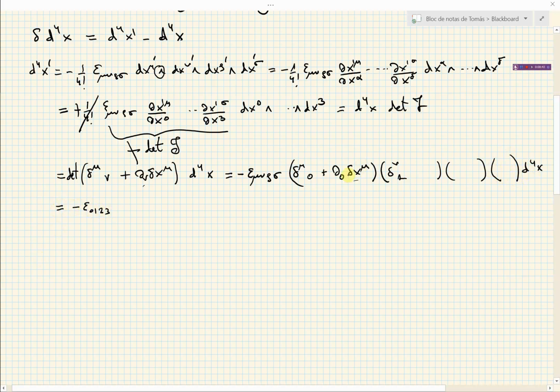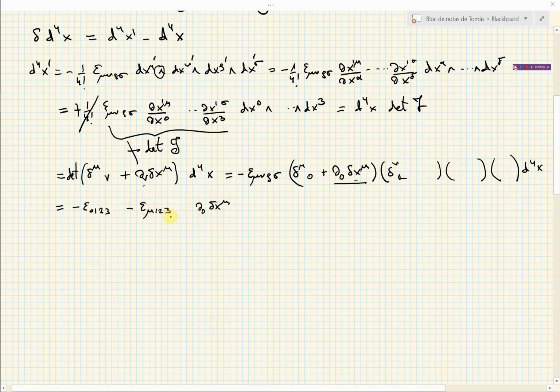The next term will include this term, but then the rest have to be deltas because otherwise you would have terms of higher order. So this term would be minus epsilon mu, this factor delta x^mu will appear here, and then you have delta^nu_1, delta^rho_2, delta^sigma_3, so this has to be 1, 2, and 3.